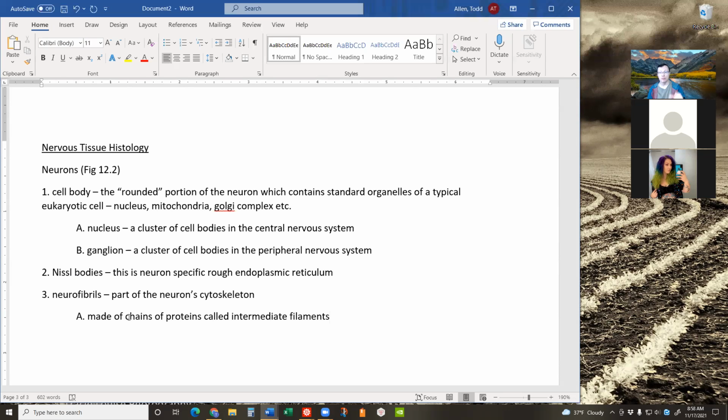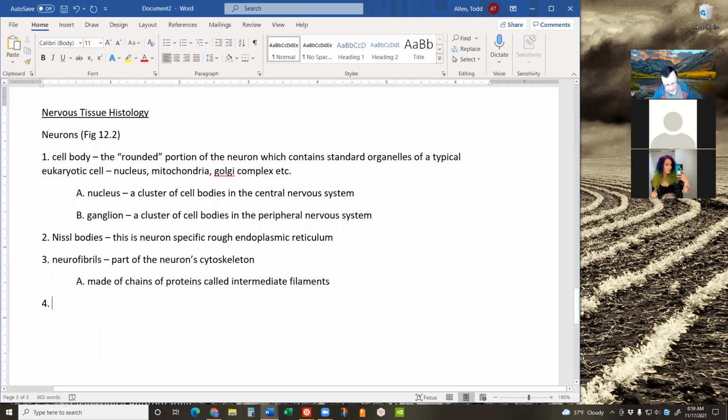You've heard of keratin before when we talked about the keratinocytes in your skin. Another protein, which I don't think we've ever talked about, called vimentin. Another protein called desmin. Another protein called peripherin. And another protein called lamin, L-A-M-I-N. Okay, so you've heard them. Don't worry about them. Not going to be tested on the names of those proteins.